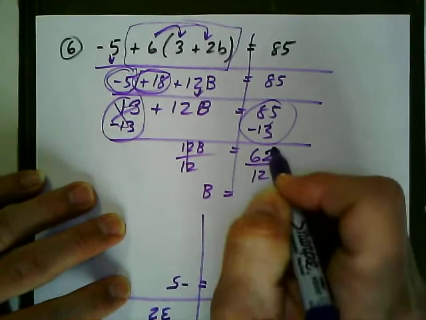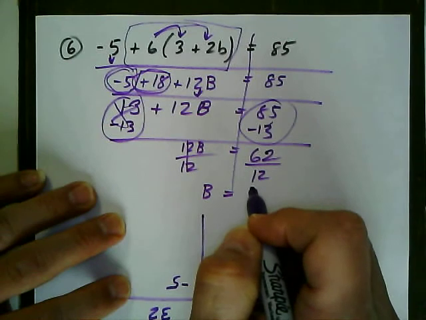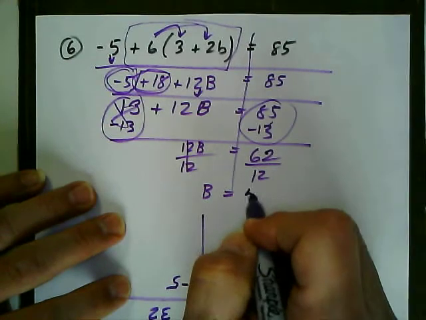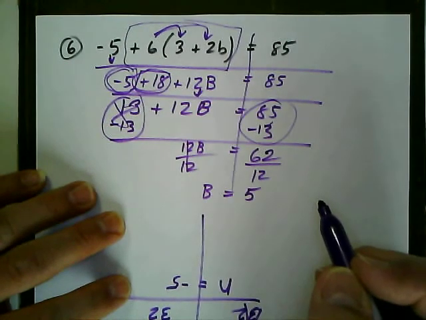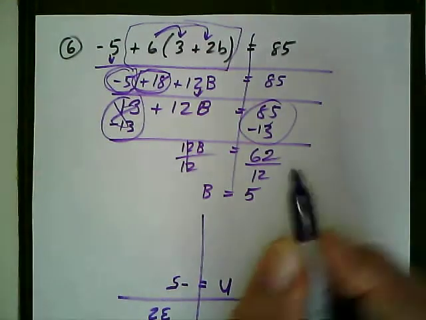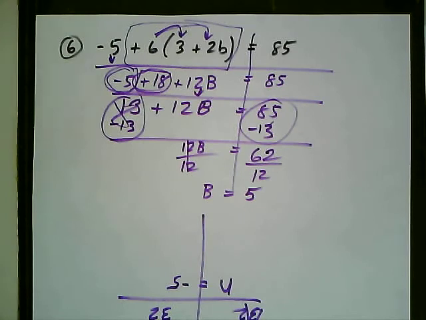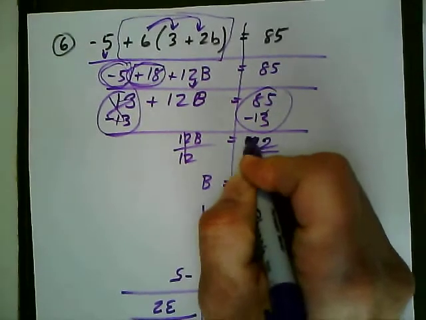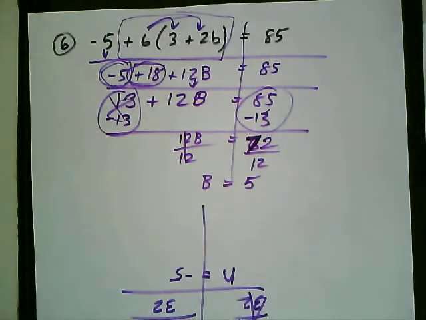B equals 5. Yep, 30. Dang it, messed up somewhere. Oop. There it is. 72.